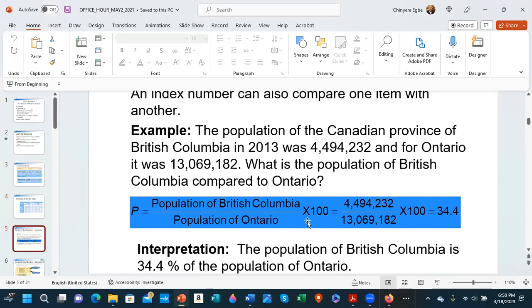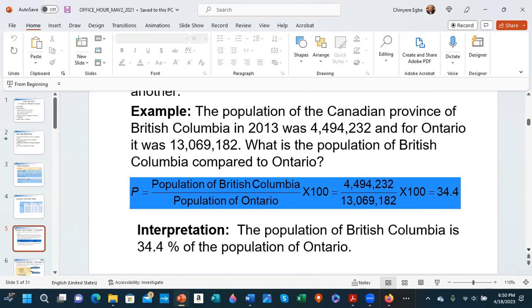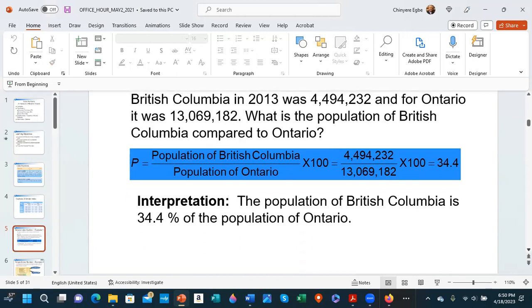All right, and so we simply take the population of British Columbia, 4 million, and compare it to Ontario, and we simply multiply by 100. So British Columbia's population is only 34% of Ontario. Okay, so again, this is an example of a simple index.